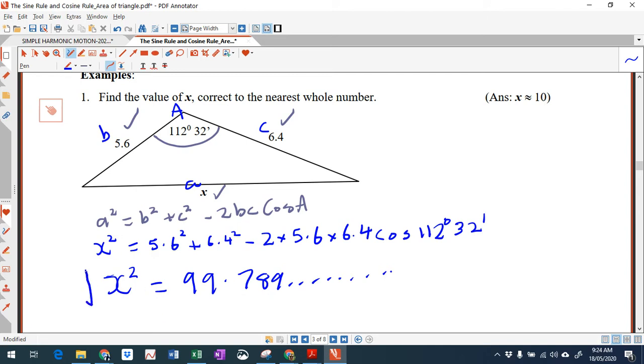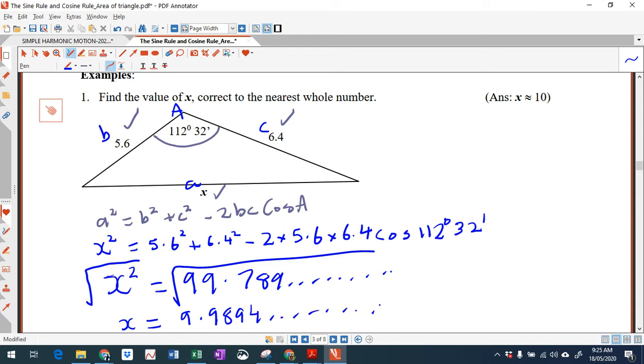Then you're going to square root both sides to get the x by itself. So square root both sides. Now x equals. I'm going to press on the calculator square root, and then I'm going to press the answer button to enter the decimal that I just had, and that gives me 9.9894, and it keeps going forever.